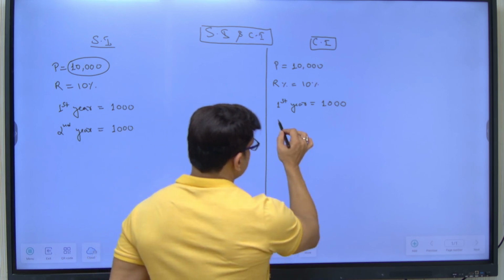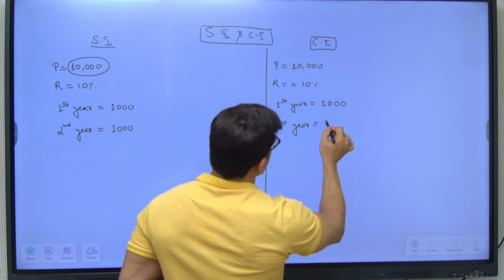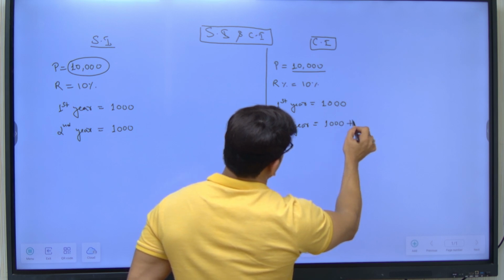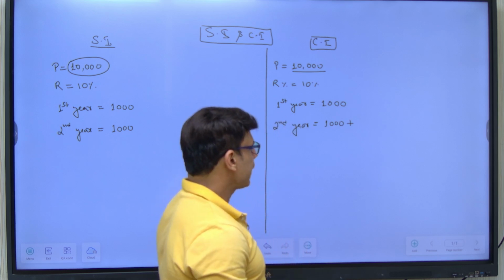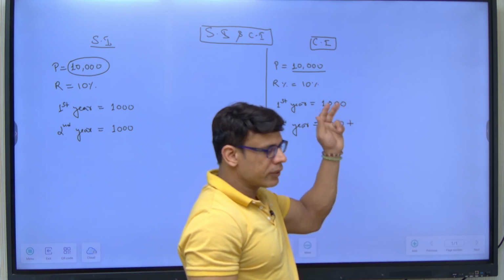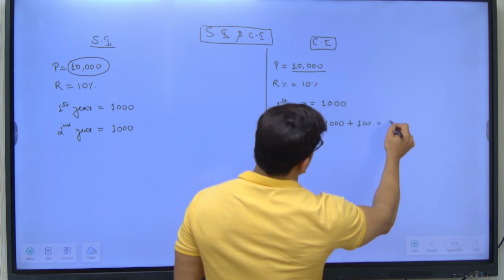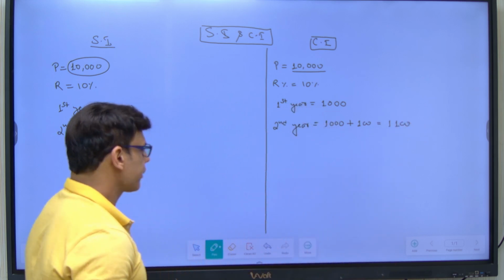While at the compound interest bank, at the end of the second year, you get 10% of 10,000, which is 1,000 rupees, plus 10% of the first year's 1,000, since you have not removed this money, which is 100 rupees. At the end of the second year, you will get 100 rupees extra.